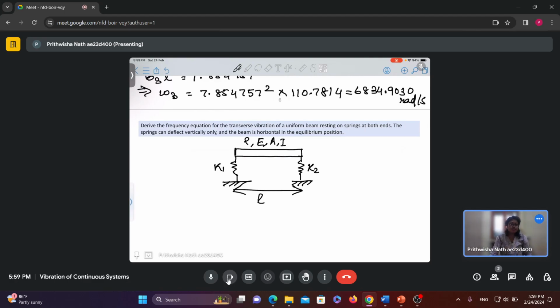So we need to find the frequency equation for this uniform beam resting on these two springs which are at both the ends.